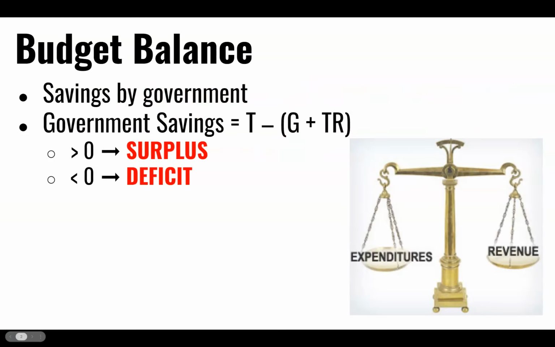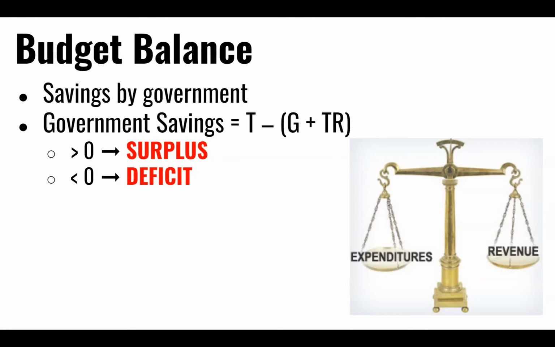So we start by talking about the budget balance, and the budget balance is government savings. It's looking at total taxes coming in and subtracting from the taxes that are coming in government spending and transfer payments. So the T is taxes, G is government spending, and that TR is transfer payments. So money coming in minus money going out.